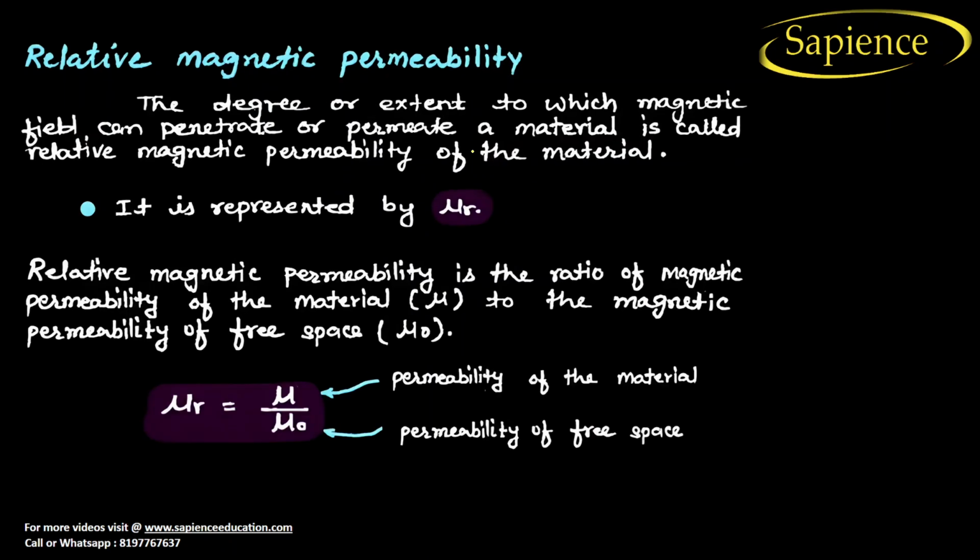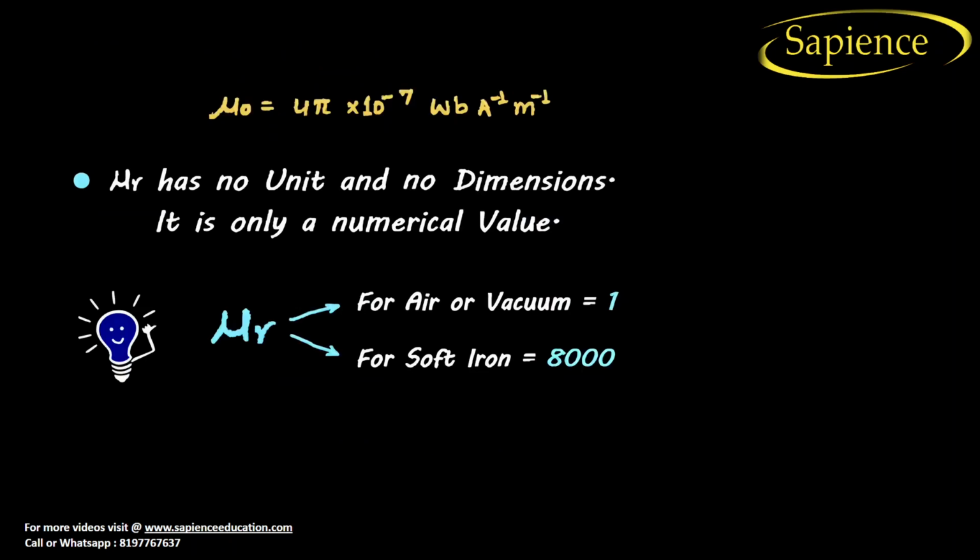Now let us go to the next. Relative magnetic permeability, we have already discussed: it is the ratio of mu, the permeability of the material, to mu naught, the permeability of free space.